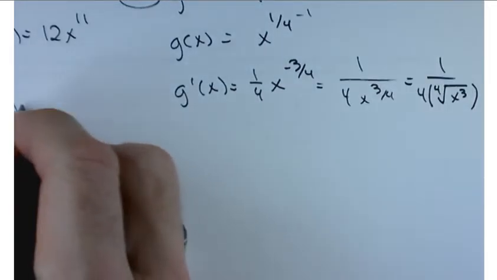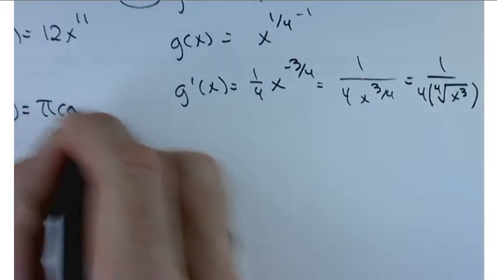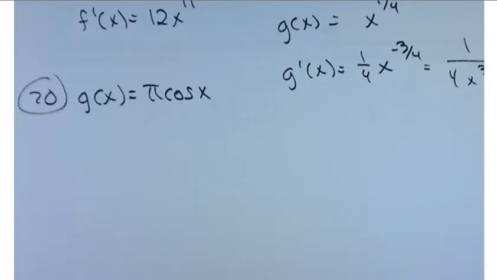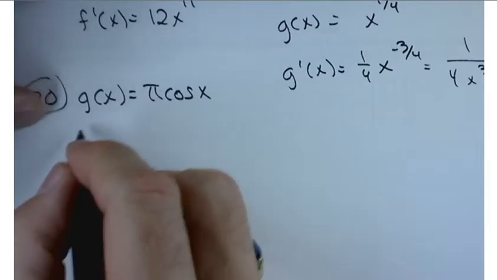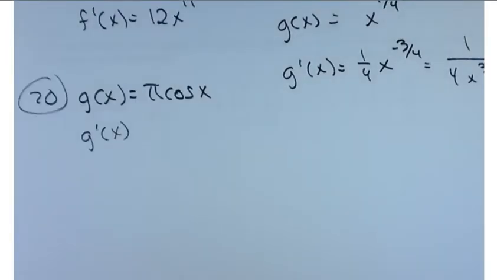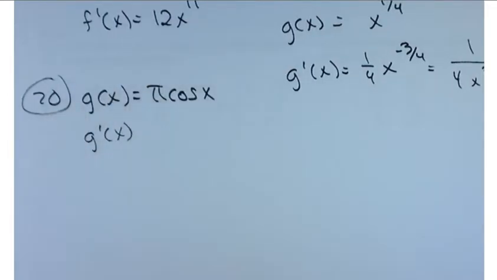I'm going to change 20 to an x. g of x is pi times the cosine of x. Let's find the derivative, g prime of x. Now here's what I was talking about a little bit ago. Pi is a constant.